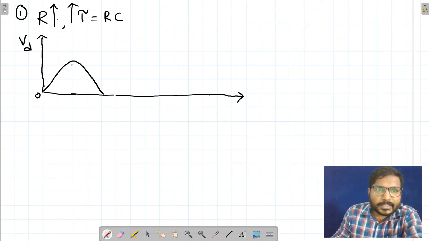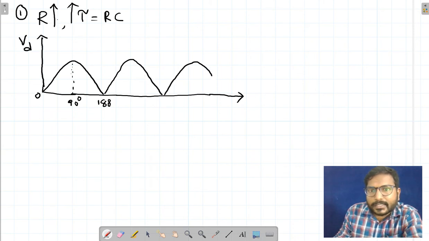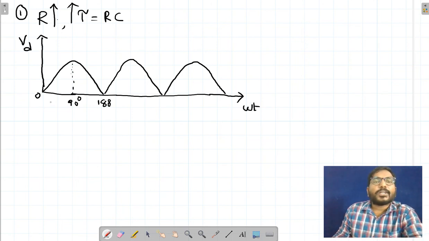So 0 instant, this is 90 degree and this is 180 degree. Consider one more pulse; here I am considering 3 pulses. Now this is omega t.